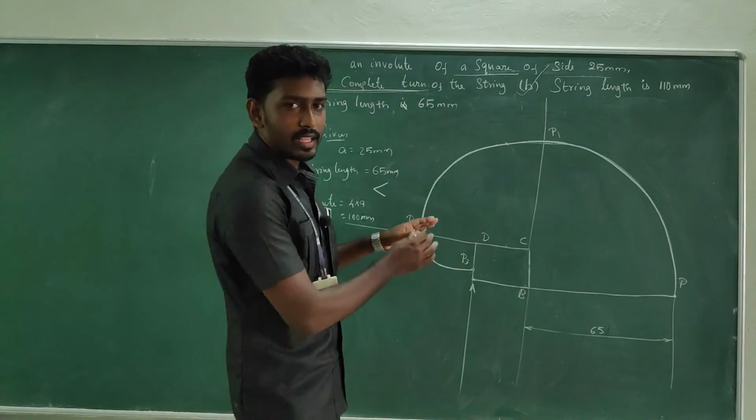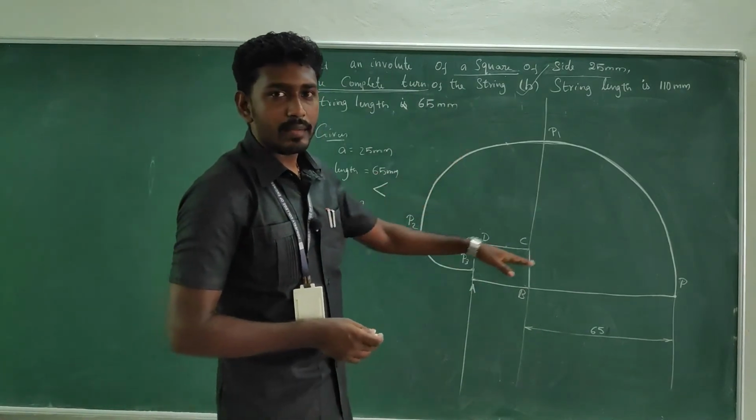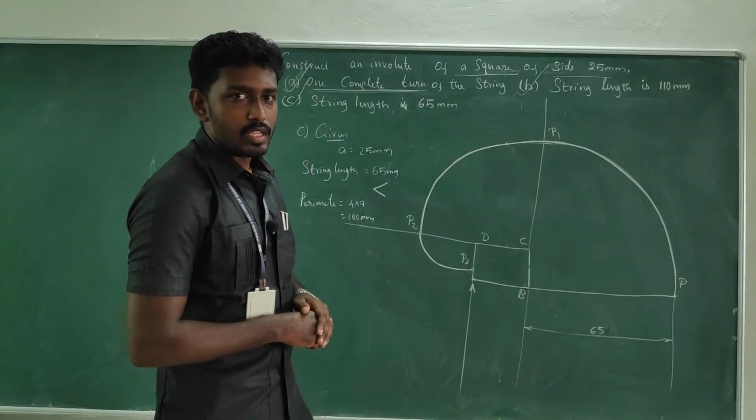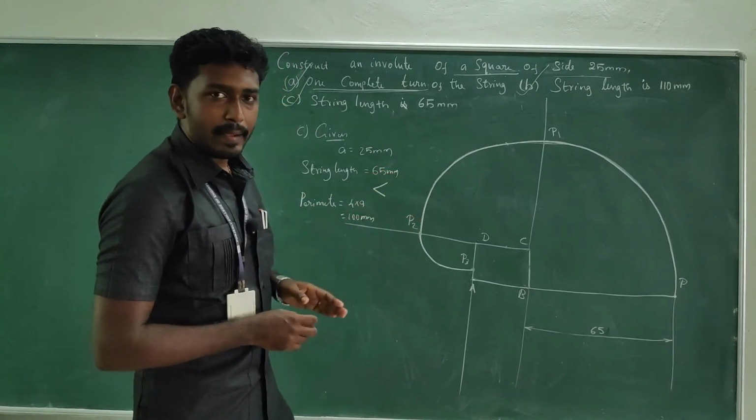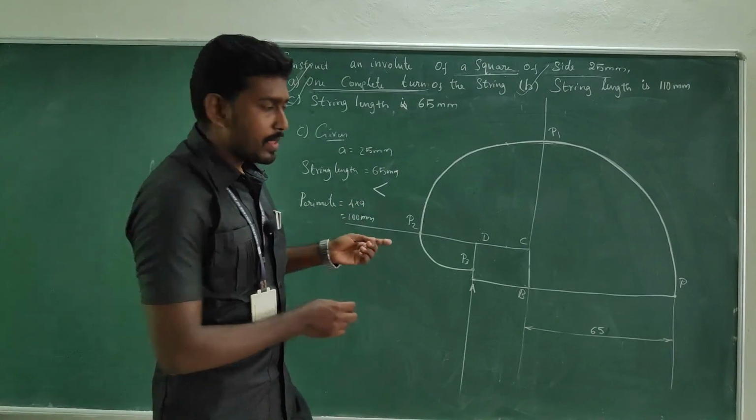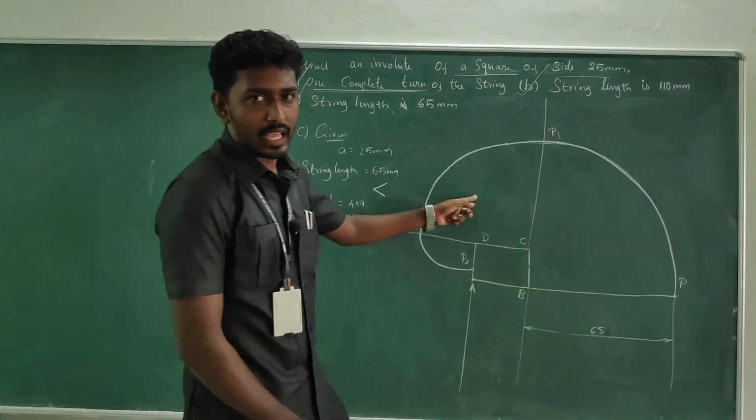What is next? We need to draw the tangent and normal, right? In the last cases, we drew the tangent and normal at any point on the curve.